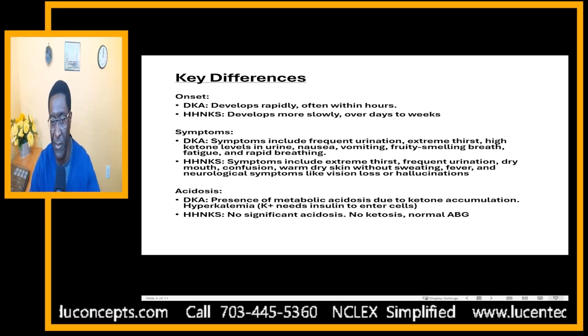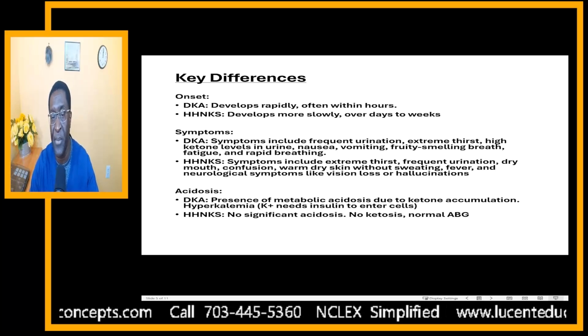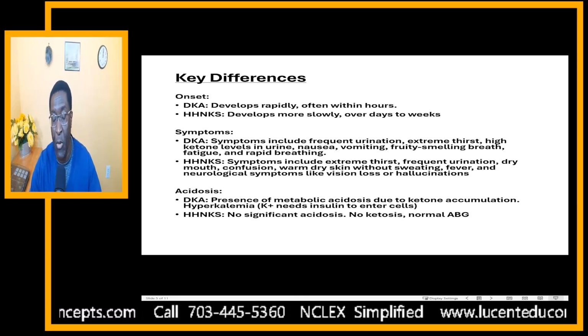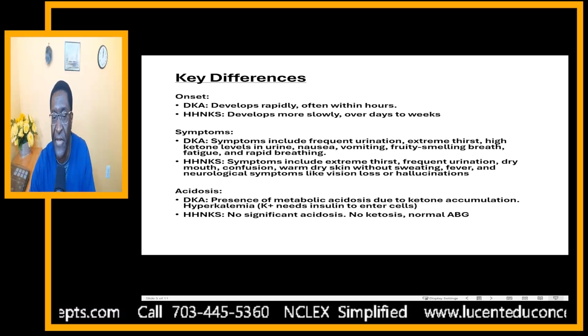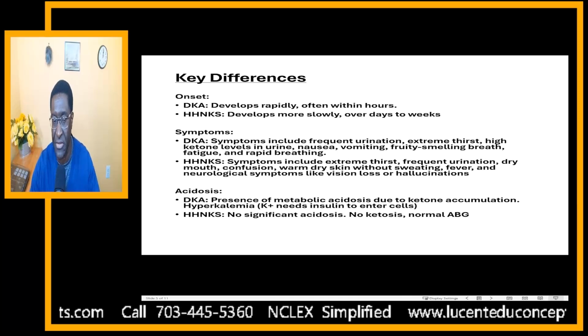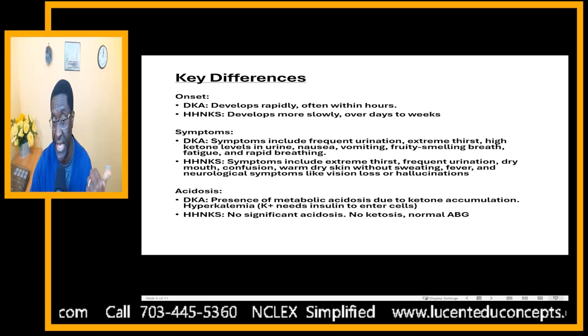When potassium builds up, that leads to hyperkalemia. Why do we have lots of potassium in the bloodstream? The key point is potassium is supposed to enter the cells. Anytime insulin opens the cell, potassium gets in.